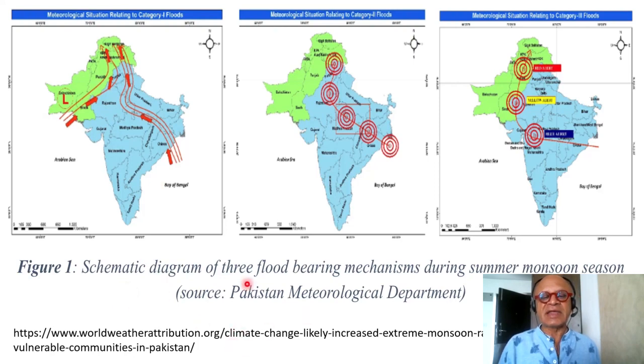So this is a schematic diagram of 3 flood-bearing mechanisms during the summer monsoon season over Pakistan. So you have mostly a lot of the moisture that is coming from monsoonal circulation.